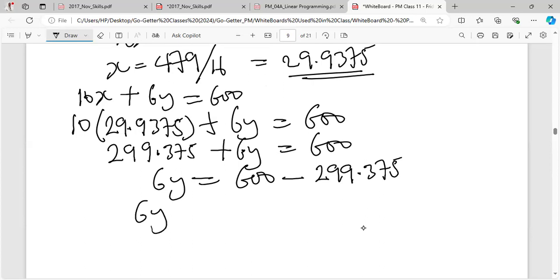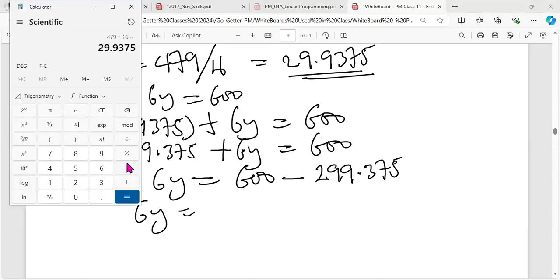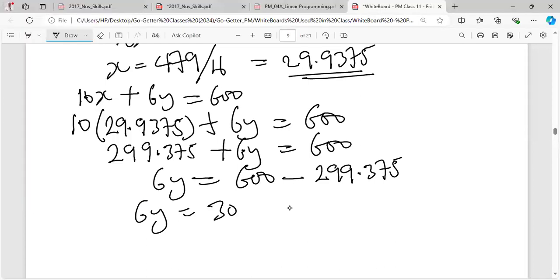So your 6y gives you what? Okay, so I'll remove this from 600. That gives me 300.625.